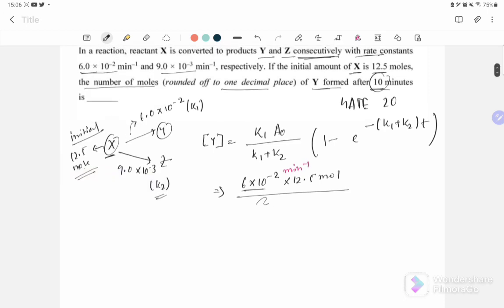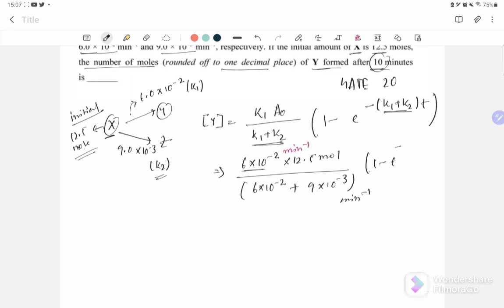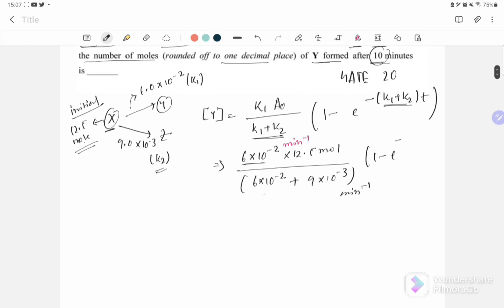So here 6 into 10 to the power minus 2 plus 9 into 10 to the power minus 3, also in minute inverse. So 1 minus e to the power minus K1 plus K2.